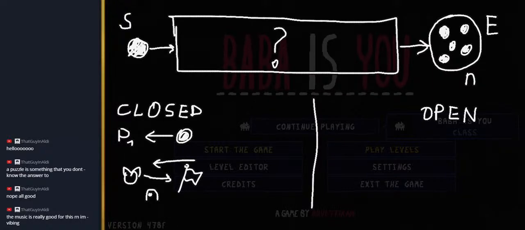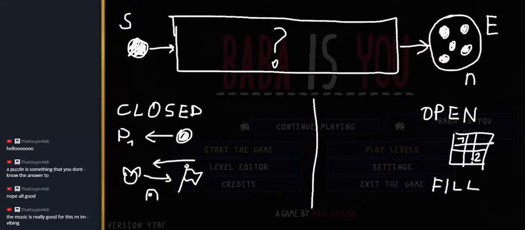Compared to, let's say, an open end state of a puzzle, let's say a Sudoku. The end state of this puzzle can be defined as all the fields are filled out.